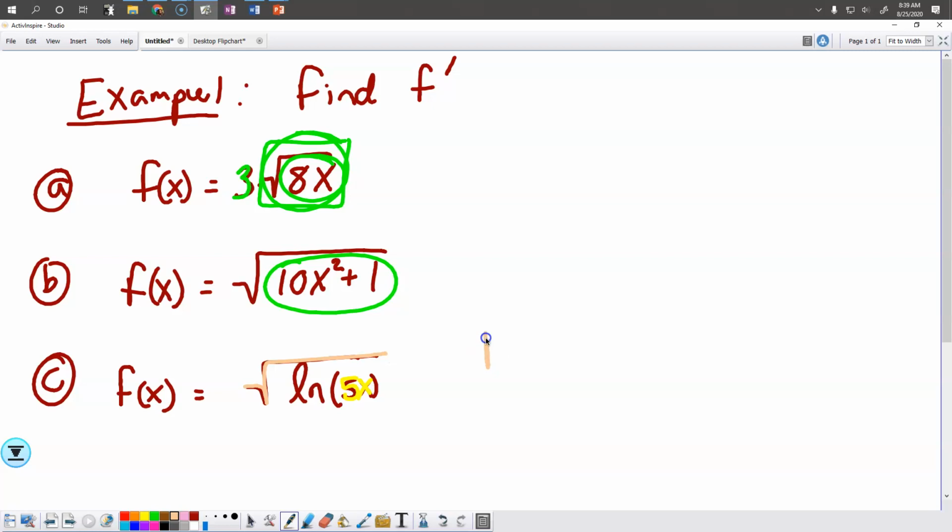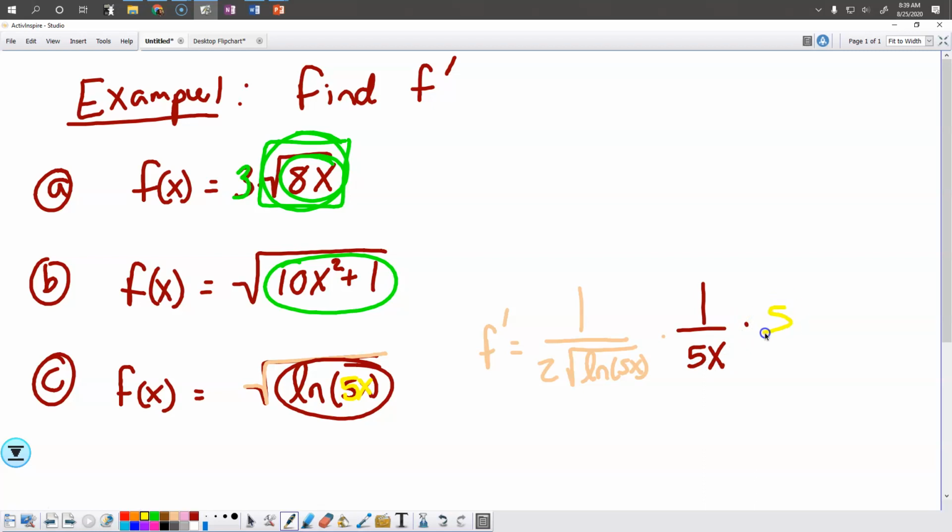So the derivative of the outside will be 1 over 2 and then the square root. Multiply that by the derivative of the egg whites, the ln. The derivative of ln is 1 over whatever's inside the ln function, times the derivative of the yolk, which is 5.